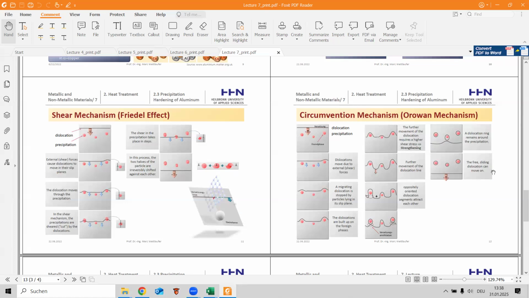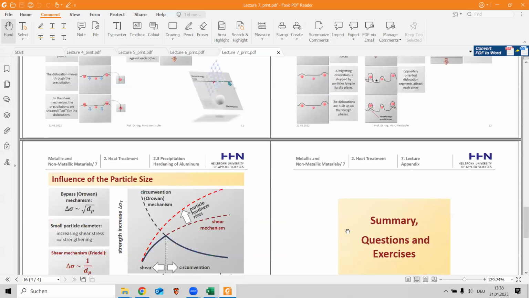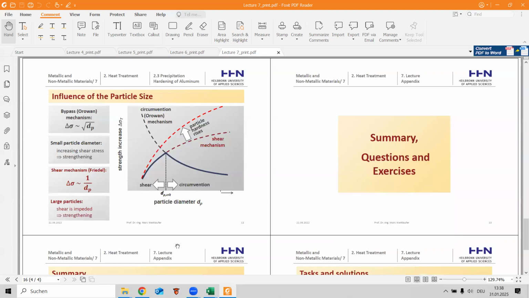The free sliding dislocation can continue. The mechanism depends on the particle size. So bypass or Orowan mechanism: delta sigma is proportional to the square root of A, and B is particle diameter. Small particle diameter, increasing shear stress, strengthening.